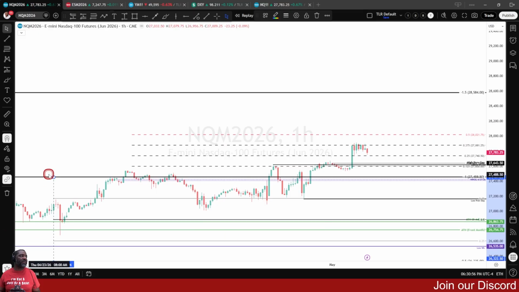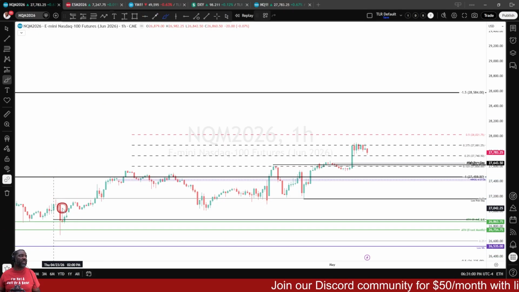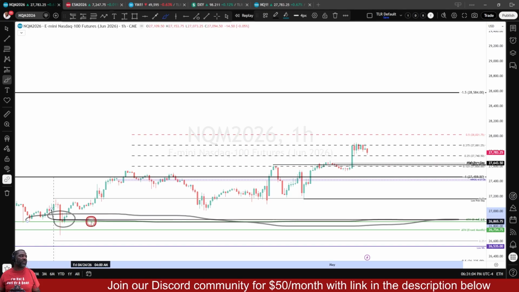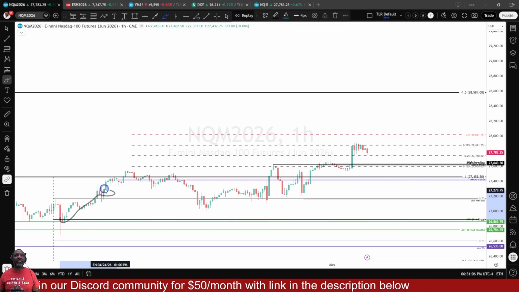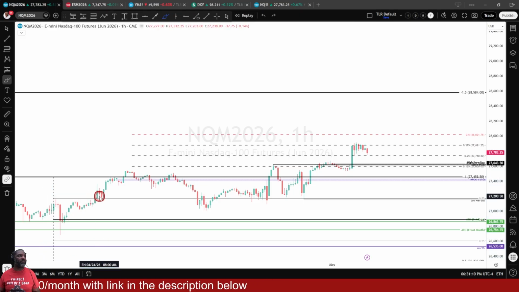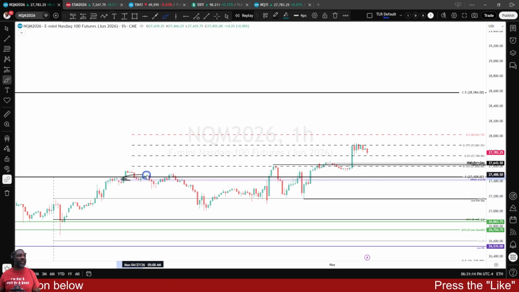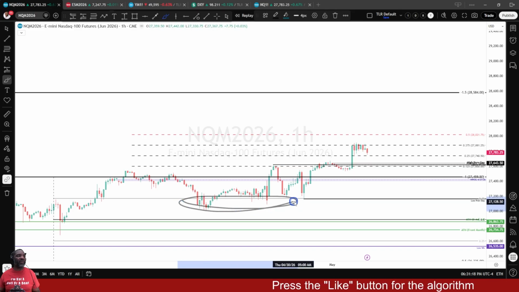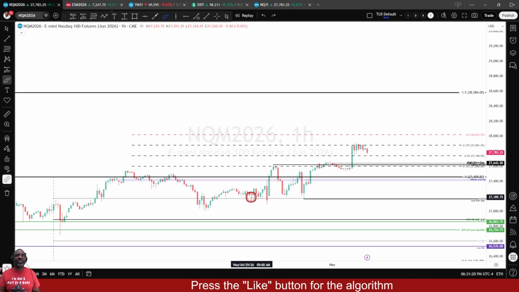And as we see, when we was ending last week, we was ending last week here, right around event horizon. Then we came up into the upper quadrant of that area. And then when we opened up the week, as we came down, we were using that upper quadrant as support.